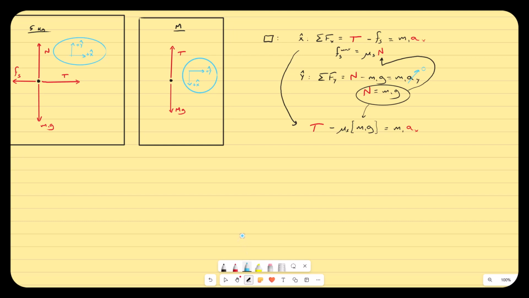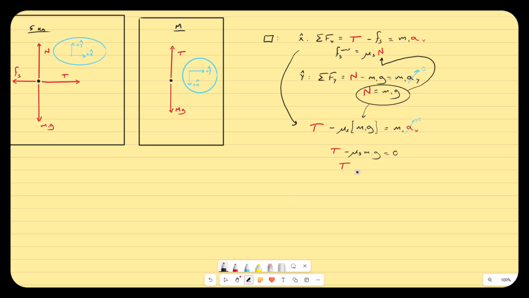Ax, if I'm not accelerating, is going to be 0 if I'm looking at that threshold case. So what I have: tension minus mu static m1g equals 0.